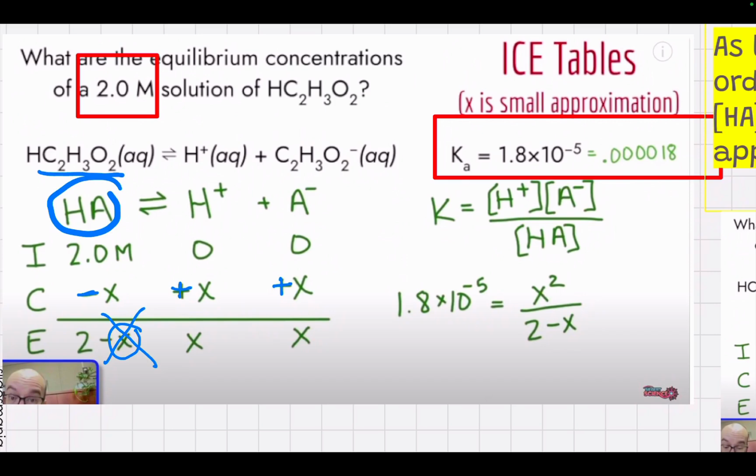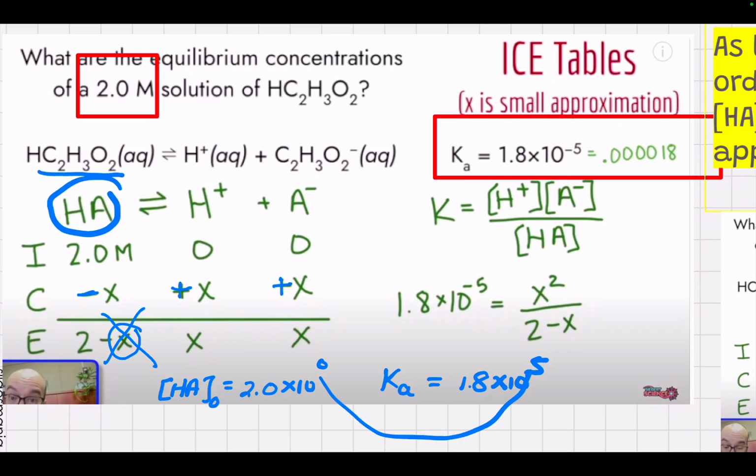So how do I know when I can do this? What I do is I look at how many orders of magnitude different there are between the initial molarity of the acid, which is essentially 10 to the 0, and the Ka value, which is 1.8 times 10 to the negative 5th. So you can see that these are 5 orders, or powers of 10, in magnitude different.